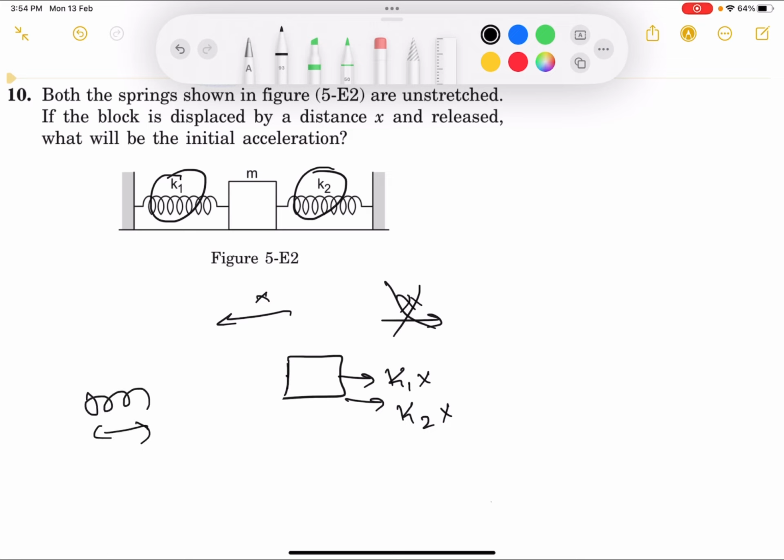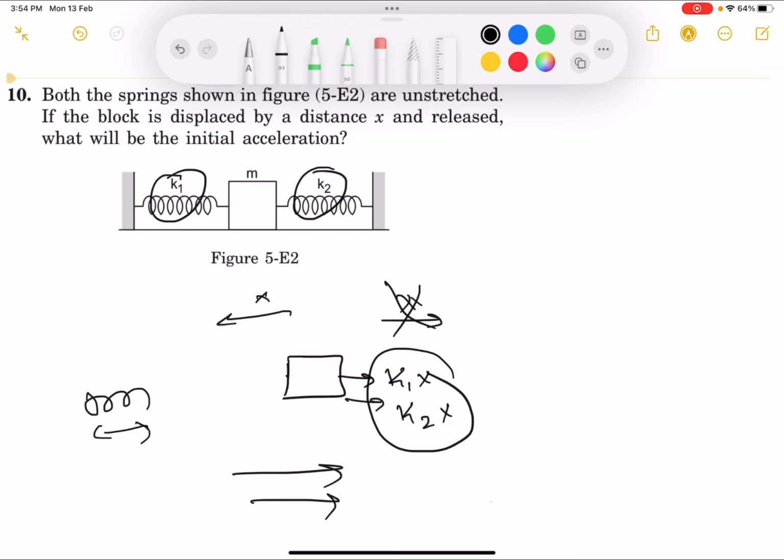So when the spring is trying to expand, the force is in the rightward direction. Similarly, the k2 spring, you're elongating it, you're stretching it. So when you stretch it, it will try to compress. So when it will try to compress, the force is again in the rightward direction. Therefore, k1x and k2x, both forces are acting in the rightward direction only.